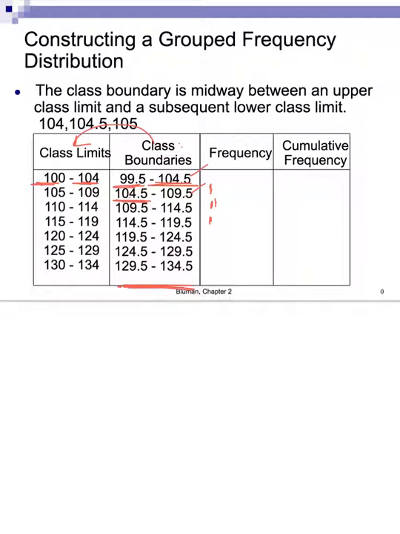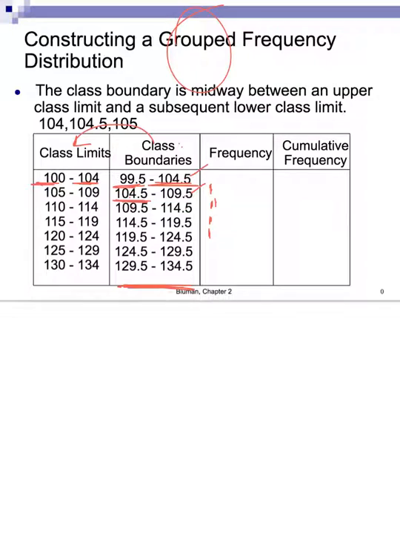The next temperature is 120, that would fall right here. So you would go through and do this for each one of your temperatures. Like I said, there's a whole lot of temperatures there. There's 50 temperatures. So that's why we're even creating the group frequency distribution, because there's so many data values.